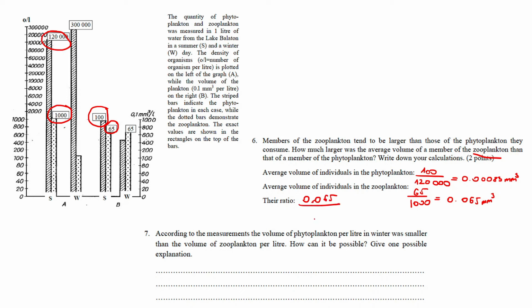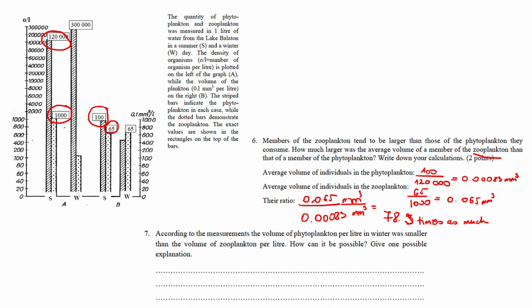That's a point, decimal point, 0.83. Both of them are given in cubic millimeters. If you do the division, actually you are going to get a number which is 78.3, and to answer the question, 78.3 times as much, or times larger.